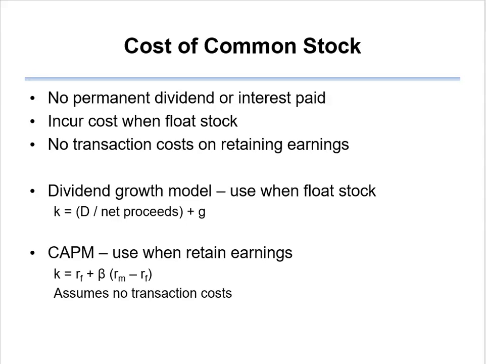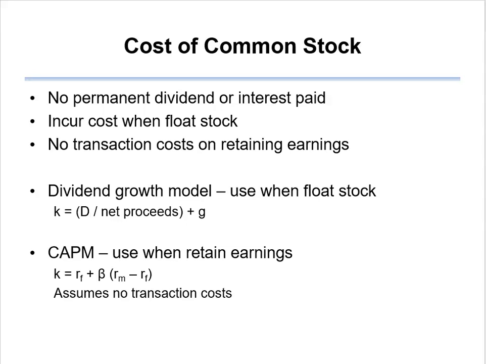Let's first talk about the common stock. When you float stock, in other words, sell stock, you're going to have flotation costs, and the owners expect a return on that money. Now we can go back and use our simple dividend valuation model and say the cost of capital is equal to the dividend divided by not the price, but the net proceeds.